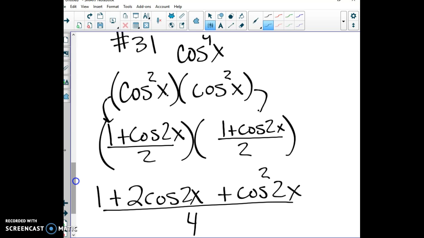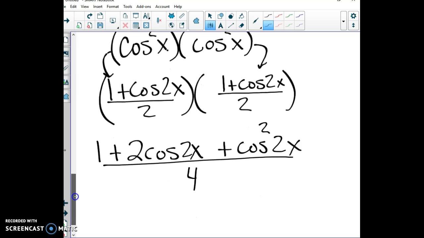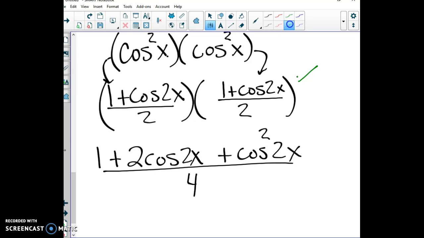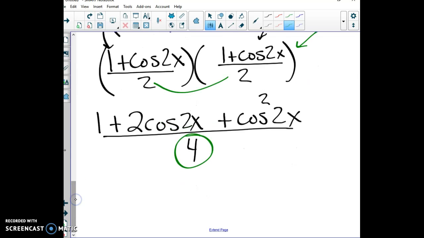We do that twice. When we get to that point right here, we're going to go ahead and multiply. I'll do the easy part. Denominator's 4, 2 times 2. We're going to multiply the numerators, just foiling the two binomials. We get 1 plus 2 cosine 2x plus cosine squared 2x. At this point, we're going to reduce this power again. So we're going to take the first part, rewrite it.